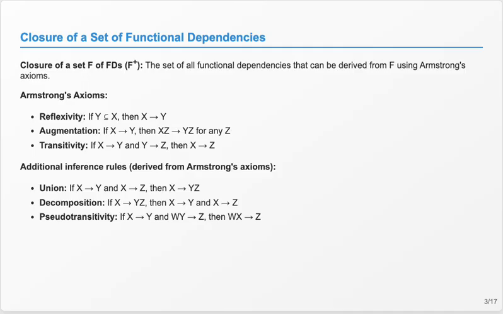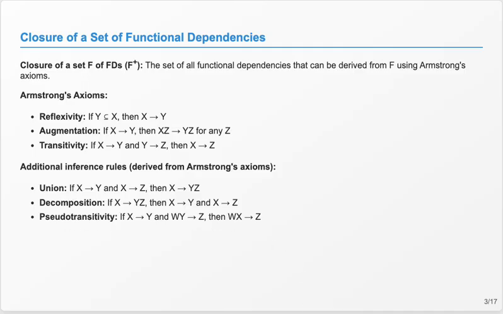This is the set of all functional dependencies that can be derived from the original set using the Armstrong axioms. We talked about these axioms in the last lecture. These are the tools with which we can generate more functional dependencies based on existing ones. We also have more rules that can be derived from these basic rules: union, decomposition, and pseudo transitivity.